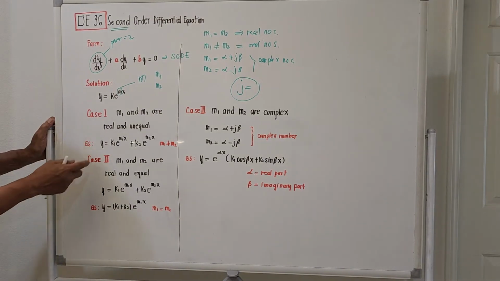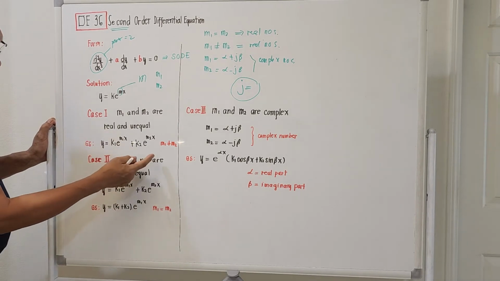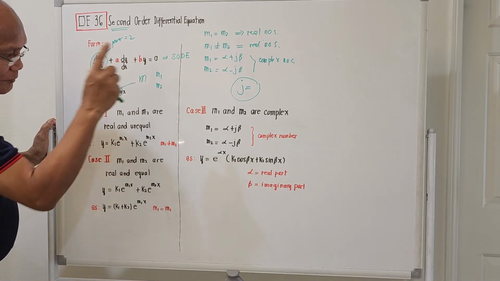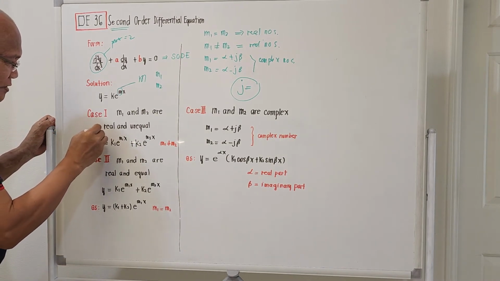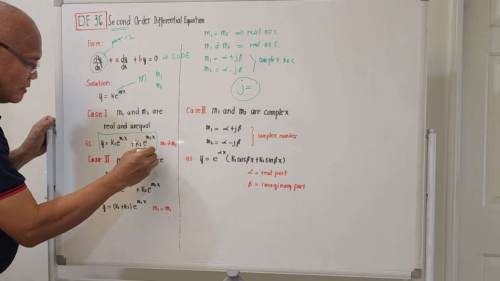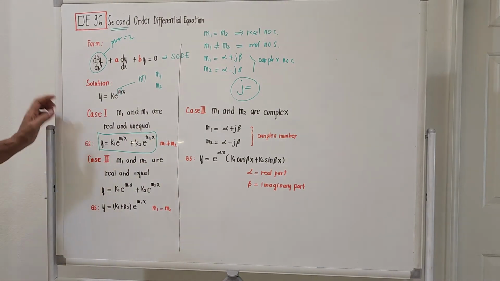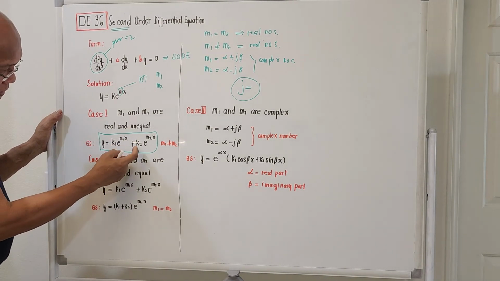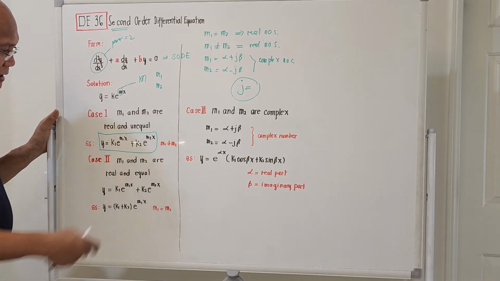For the case where m1 and m2 are real and unequal, m1 is not equal to m2, this is the proper solution. This is the general solution. That is, y should be equal to k1 e raised to m1x plus another constant of integration, k2 e raised to m2x.